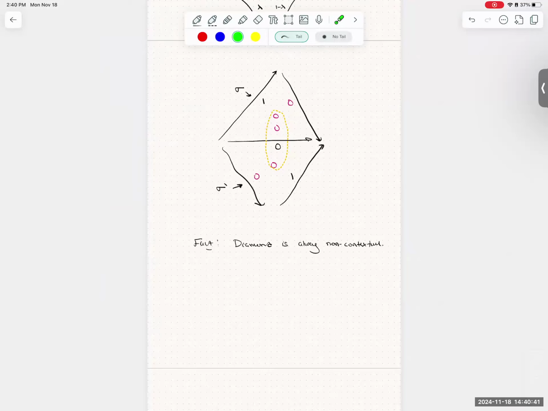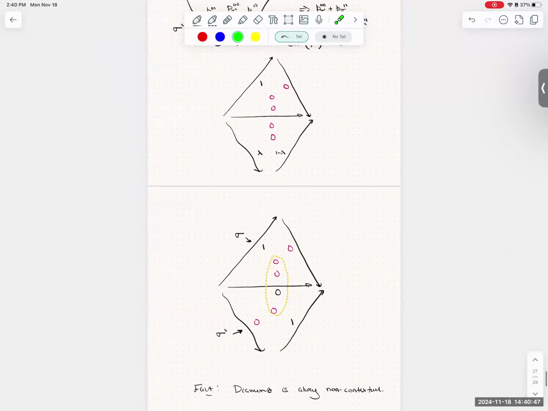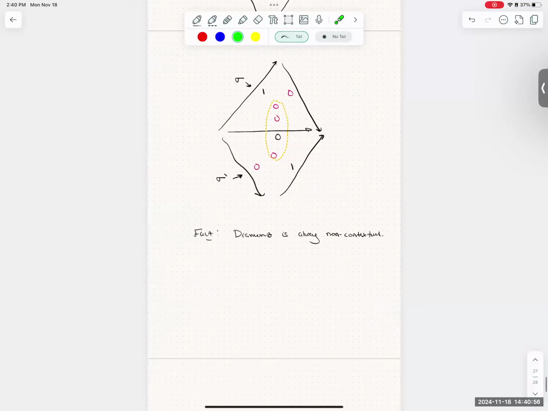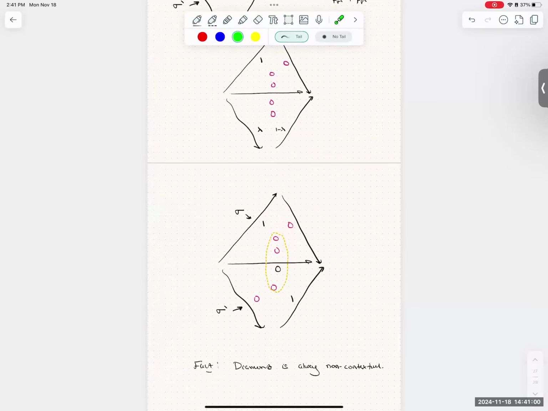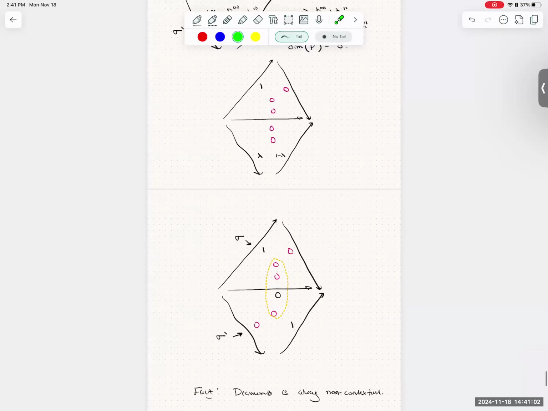And so there's a sort of deeper underlying reason that comes from gluing. If you tried doing this in an algebraic way, it would be very time consuming. Even though you can do it by hand for this case, the diamond is always non-contextual for any outcome space Y. So here we did it for n equals Z mod 2, but you could do it for any Z mod D, and D could be as large as you want.